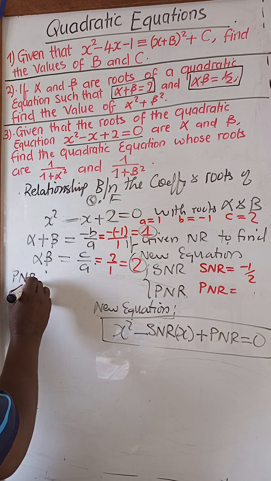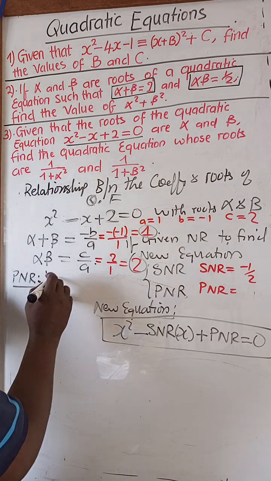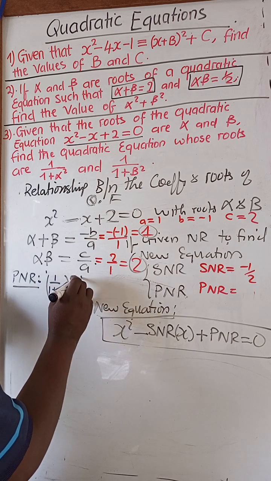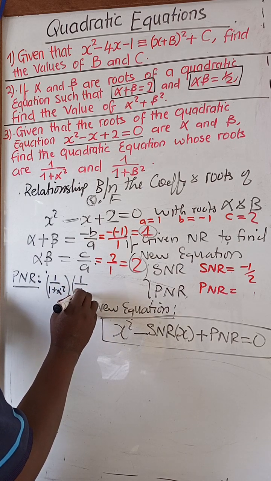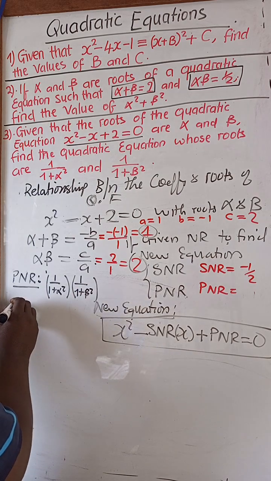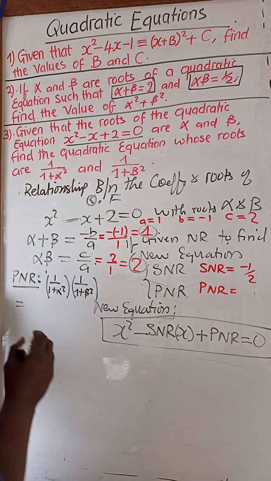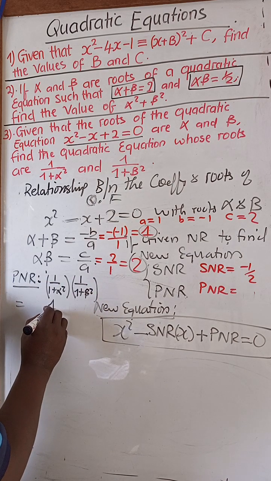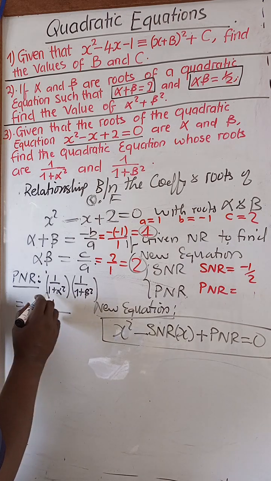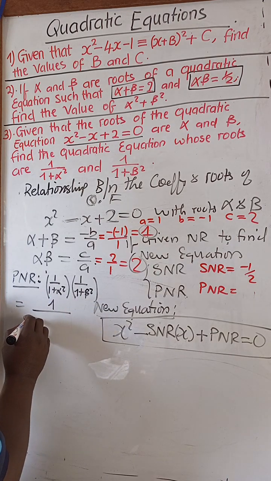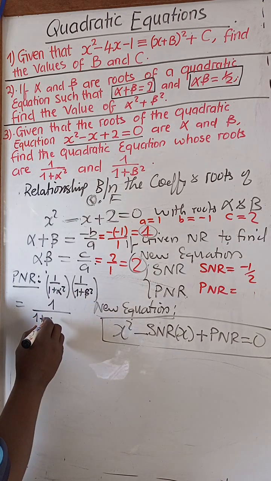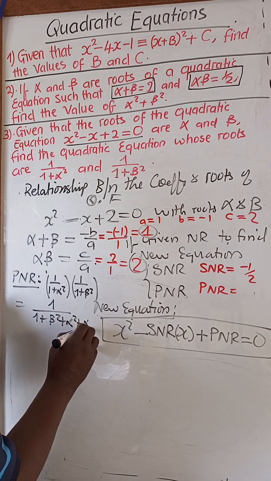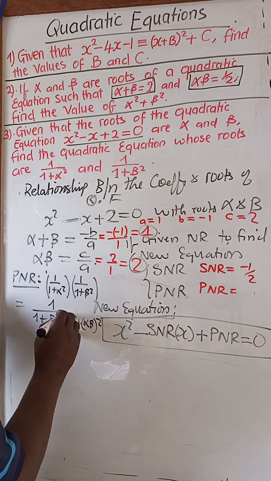Product of new roots. That means 1 all over 1 plus alpha squared multiplied by 1 all over 1 plus beta squared. Now this gives us, since nothing can cancel, 1 multiplied by 1, 1, all over, we multiply out the denominator: 1 multiplied by 1 is 1, plus 1 times beta squared, plus alpha squared, plus alpha beta all squared.